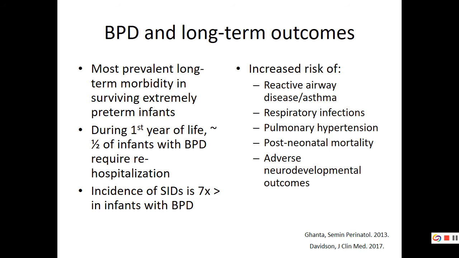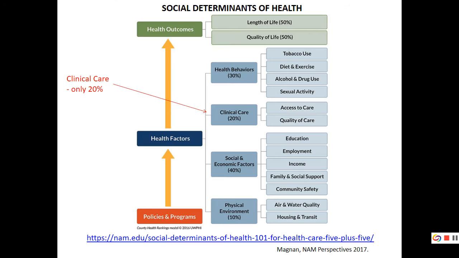The babies that go home have increased risk of reactive airway disease or asthma, respiratory infections, pulmonary hypertension, postnatal mortality, so they may die, and the ones that survive are also at higher risk for adverse neurodevelopmental outcomes. So these kids are the smallest kids that are at risk for long-term problems. That's long story short as to why we are so concerned about BPD in the NICU.